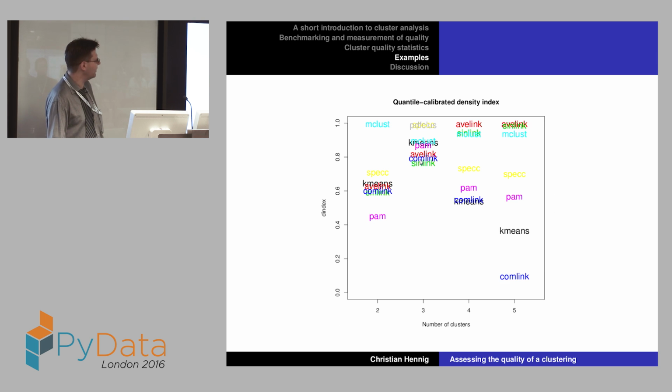You can also plot this. For example, if you want to look at the density index and you are interested in all these methods over several different numbers of clusters, you realize, okay, mclust was the best for 2 clusters, but you have some other methods that give very good results for higher numbers of clusters.